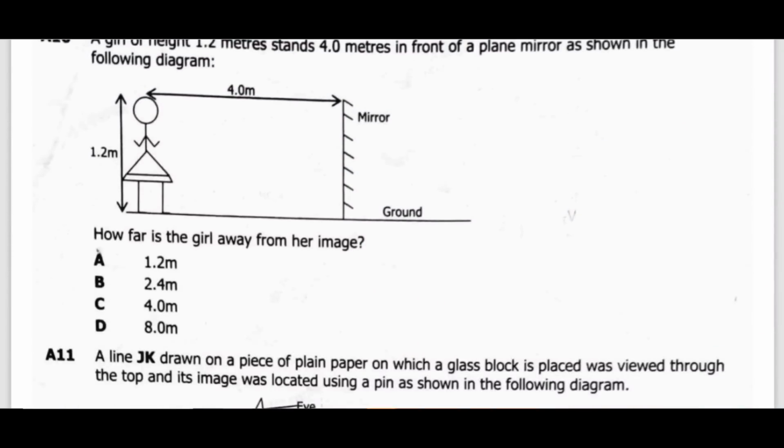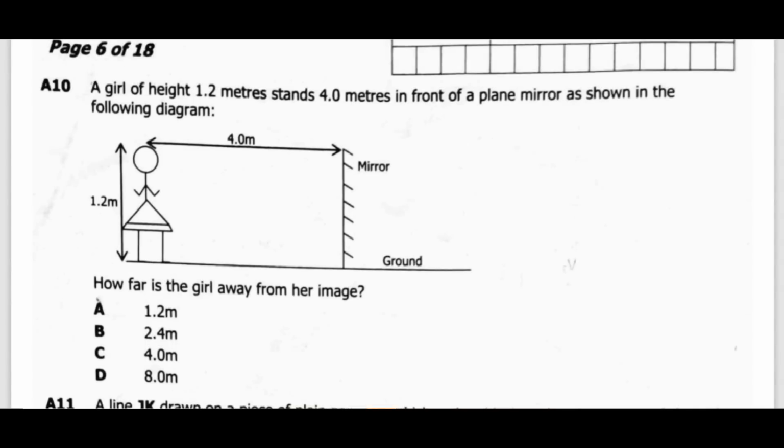So question 10. A girl of height 1.2 meters stands 4.0 meters in front of a plane mirror, as shown in the following diagram. So this is a learner or a girl who is standing 4 meters away from the mirror.